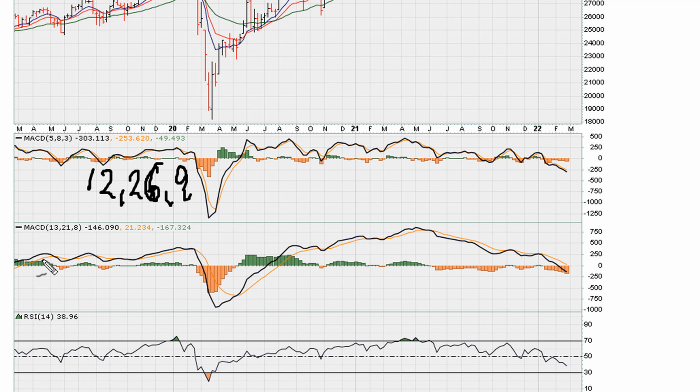So the one I'm using here is 13, you see they're close, 21, and actually 8. See, the numbers are close. 12, 13, 26, 21, 9, 8. I prefer to use my numbers. If I explain why, it's because I believe the Fibonacci series has a way of pulling out natural ebb and flow. At any rate, just wanted to end here with the main MACD.